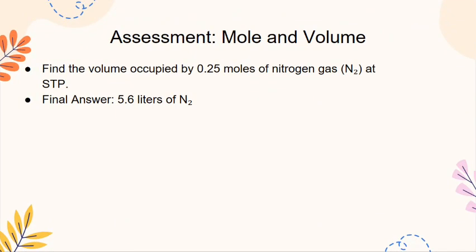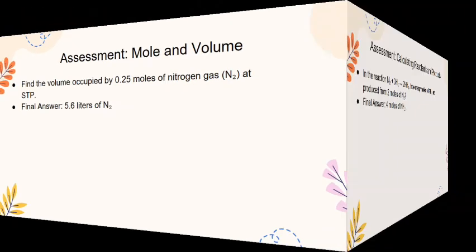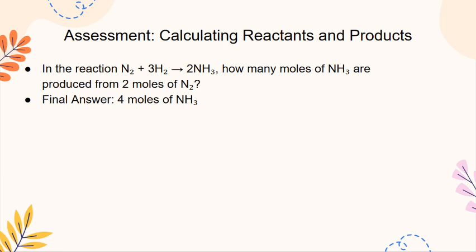Mole and volume. Find the volume occupied by 0.25 moles of nitrogen gas at STP. In the reaction nitrogen plus hydrogen to give ammonia, how many moles of ammonia are produced from 2 moles of nitrogen?